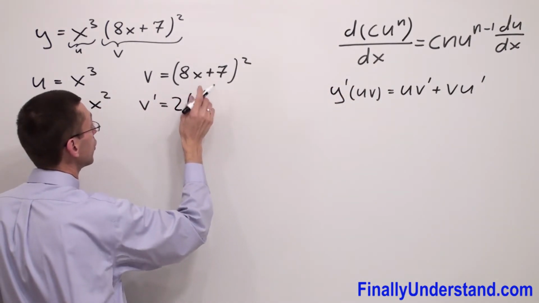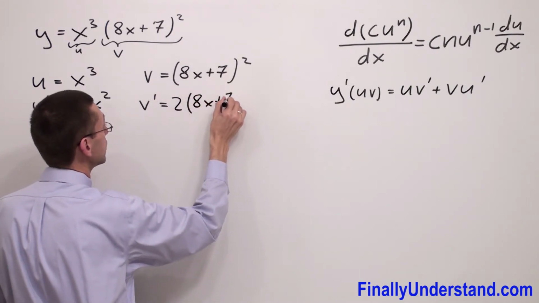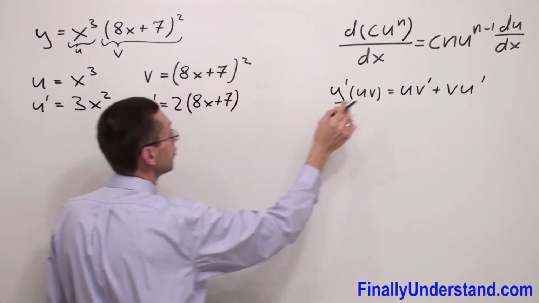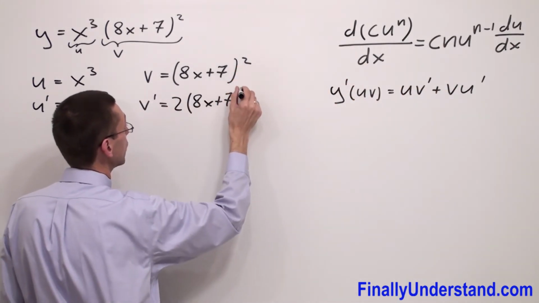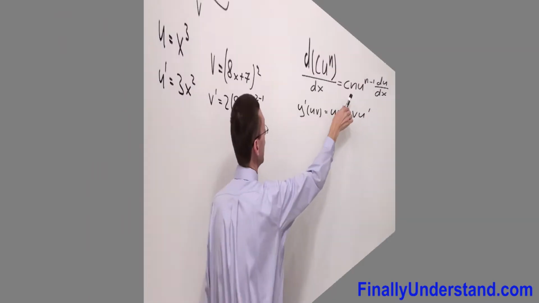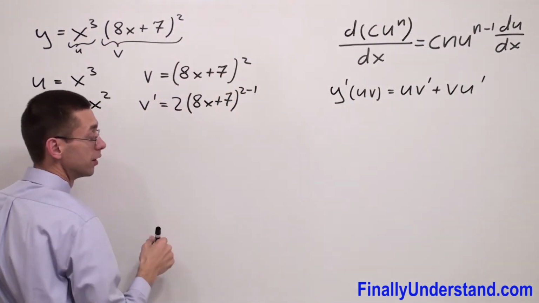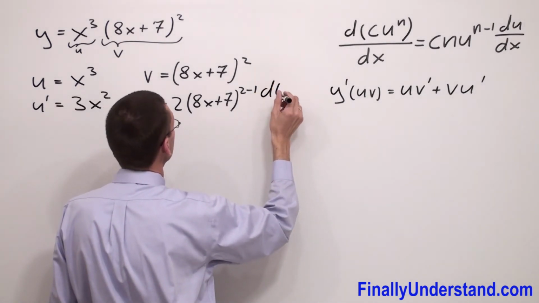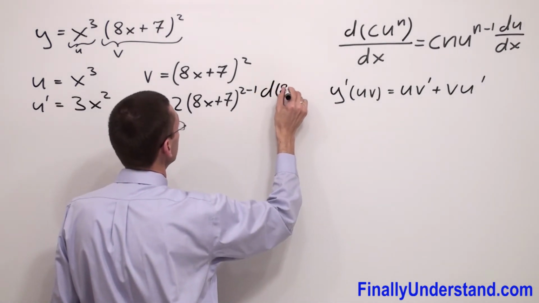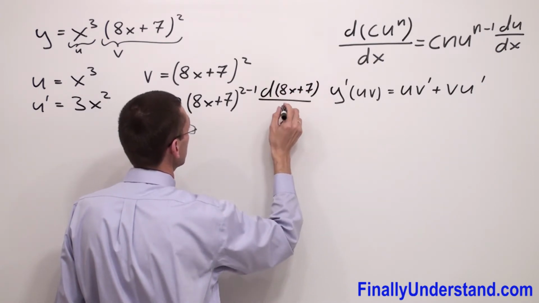Next I'm supposed to write the content of the parentheses, 8x plus 7, and I have n minus 1, so I have 2 minus 1, times the derivative of the content of the parentheses. So I have the derivative of 8x plus 7 with respect to x.